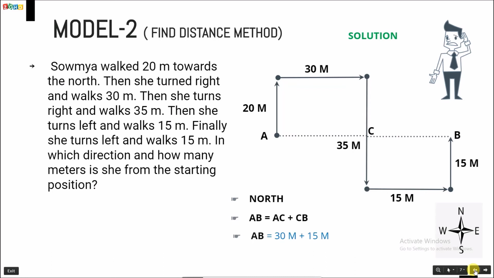The distance from A to C is 30 meters because it is parallel to the above line, and the distance from C to B is 15 meters because it is parallel to the below line. AC equals 30 meters and CB equals 15 meters. Substitute the values in the given formula. We get the final answer: the distance between the starting point and ending point is 45 meters.